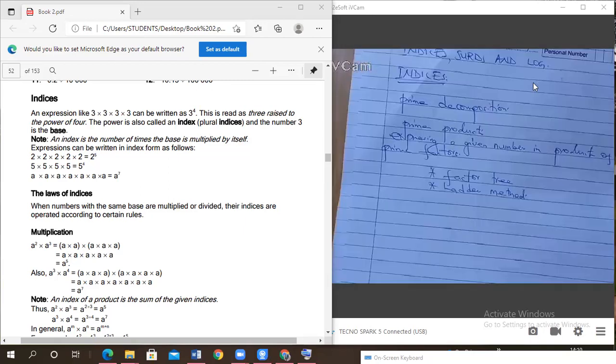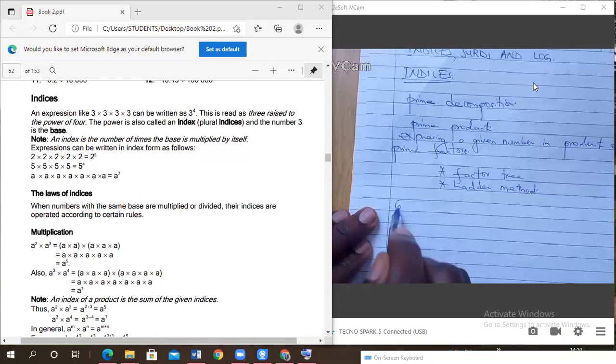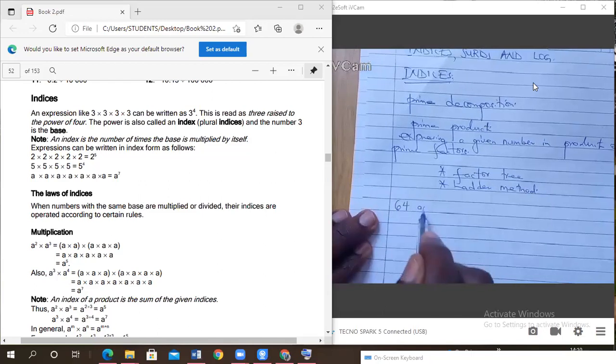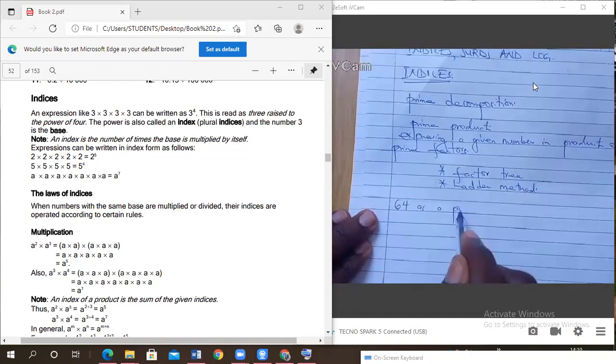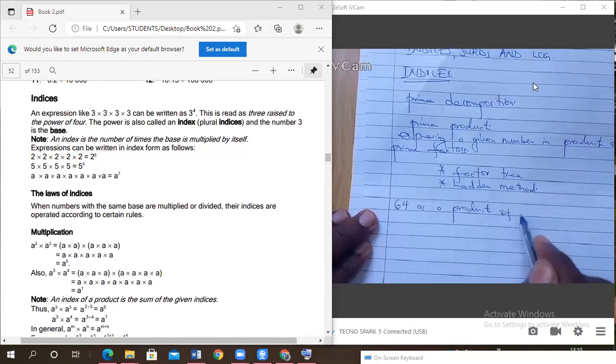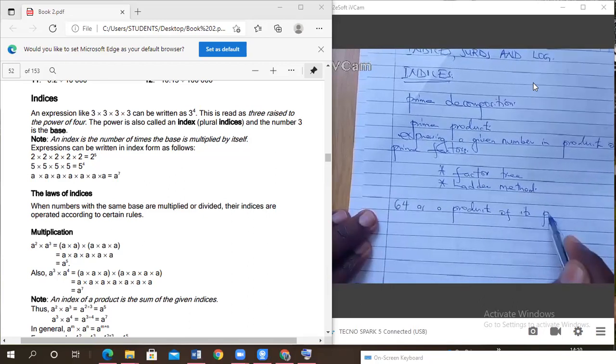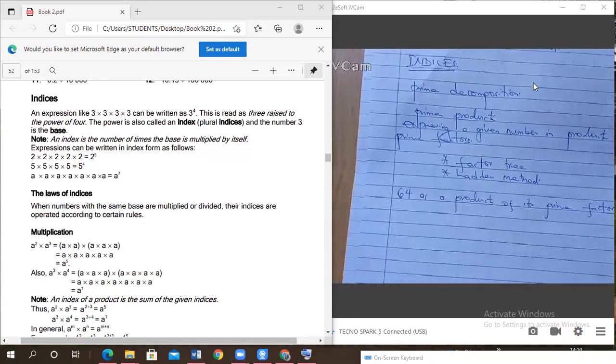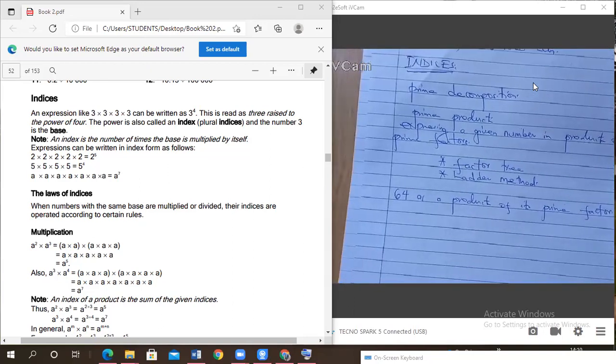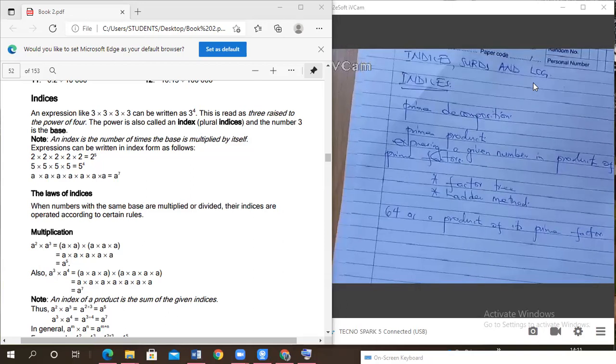So a question can be: can you express 64 as a product of its prime factors? We know prime numbers. These are numbers which have only two factors, one and itself. We have already discussed them.